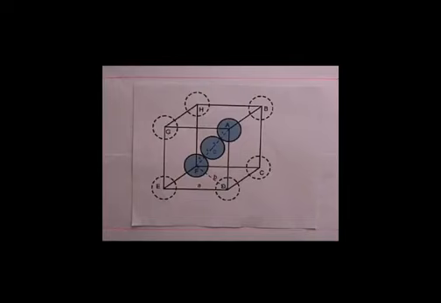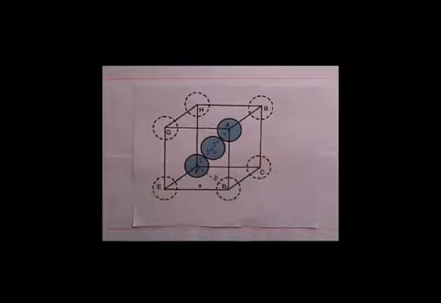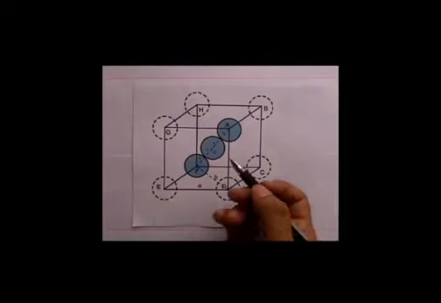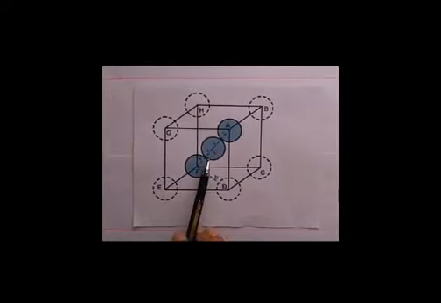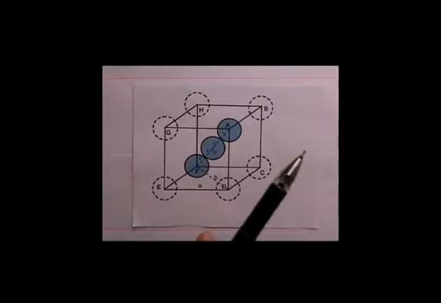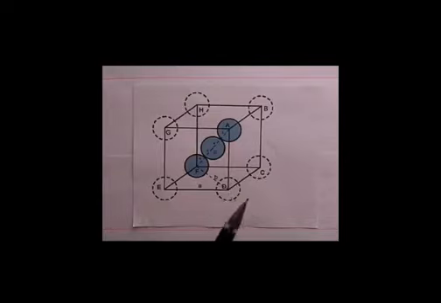Now let's study about efficiency of packing in body-centered cubic structures. We have the diagram of such a structure. It has this atom which is situated inside the cubic structure, and it is surrounded by other atoms.